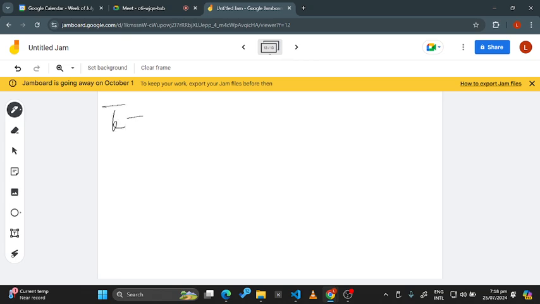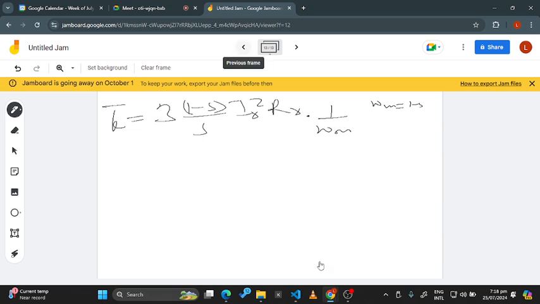T is equal to 3 times the power, which is (1 minus S) divided by S times I_R squared times R_R, all this times 1 over omega m. Omega m in this is going to be (1 minus S) omega e over the pole pair. Is it 1 minus S?